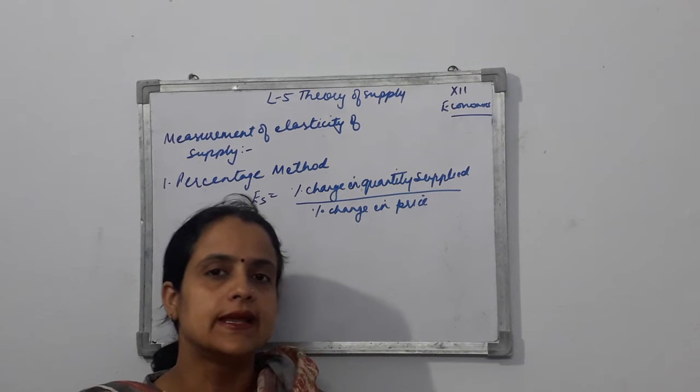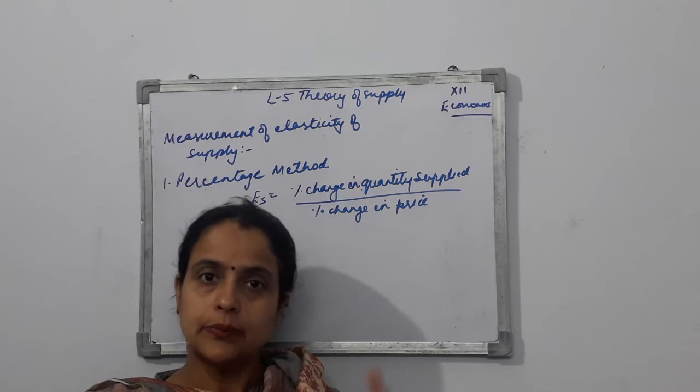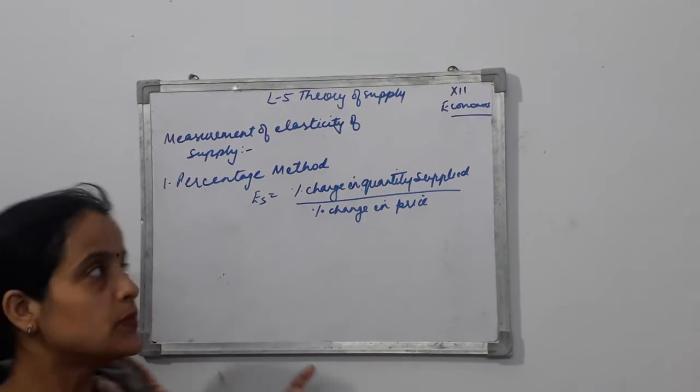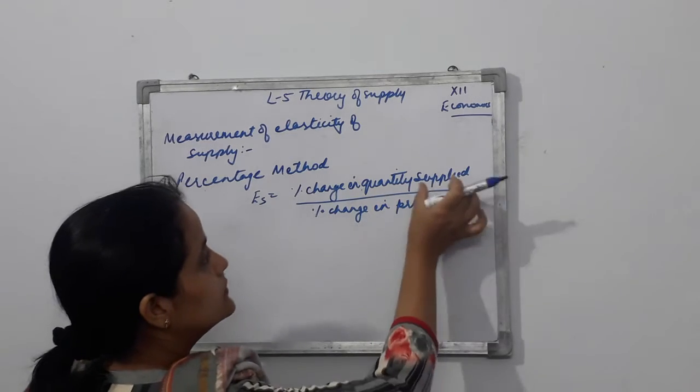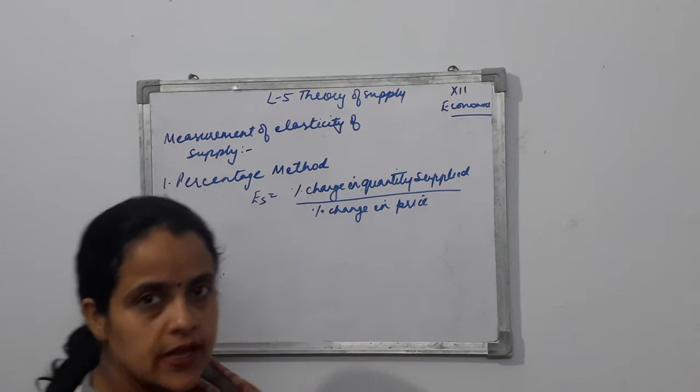By whatever percentage your quantity supplied is changing upon the percentage change in price, right? So this is your percentage method. Here we put the percentage change in supply, and here we write the percentage change in price.